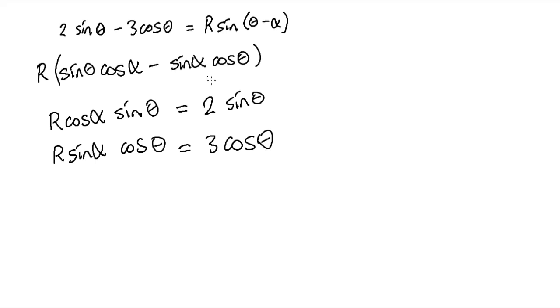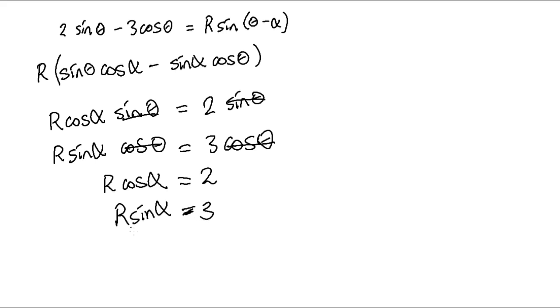Note that I have taken out the negative signs, and so the cos theta cancels, the sine theta cancels, and we're left with r cos alpha equals 2 and r sine alpha equals 3.